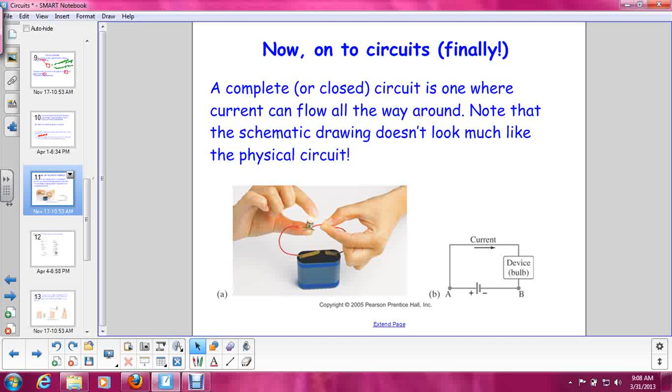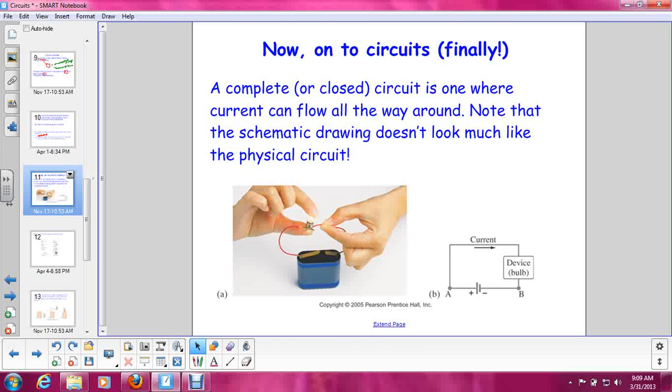So now let's put all of this together into circuits. A complete, or what we call a closed circuit, is one where current can flow all the way around. It starts at one terminal and it moves through something that conducts electricity unaltered or unstopped all the way to the other terminal.